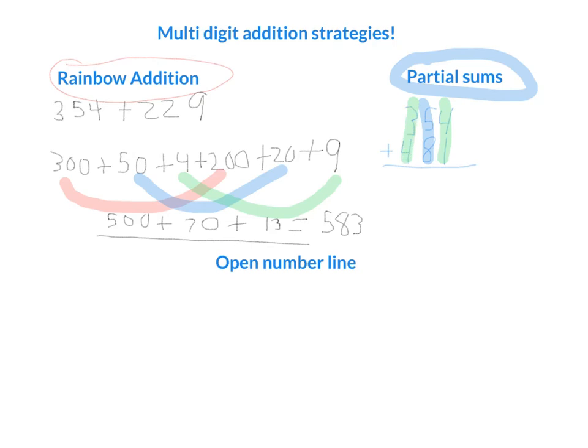So first, we're going to add up our ones, which is the 4 and the 1. So the ones place equals 5. And then our tens place, which is the 5 and the 8, which students know is 50 and 80.